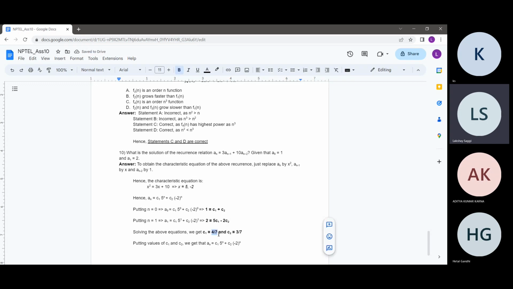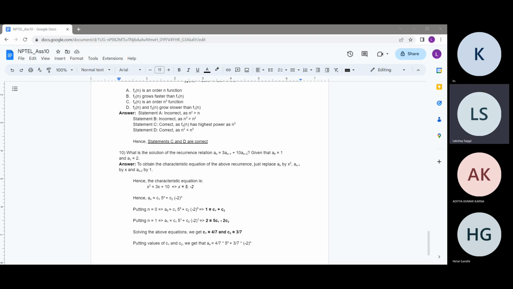So I'll just copy C1 to be 4 by 7 and C2 to be 3 by 7. Note that these are the coefficients. So 4 by 7 times 5 raised to the power n, and this is 3 by 7 times minus 2 raised to the power n.